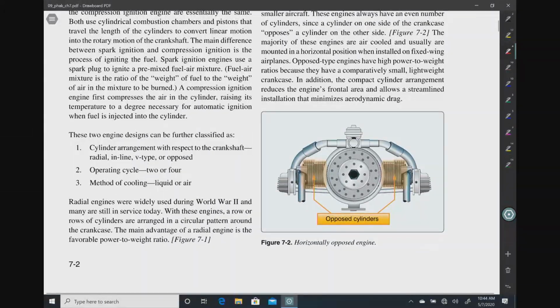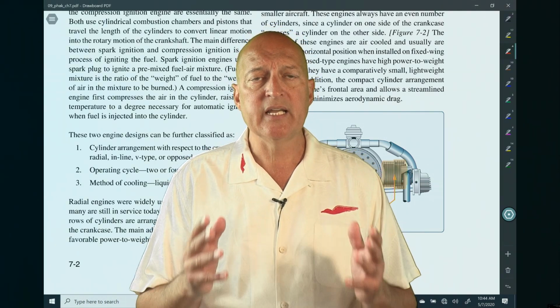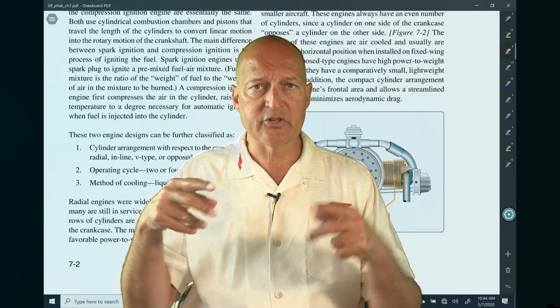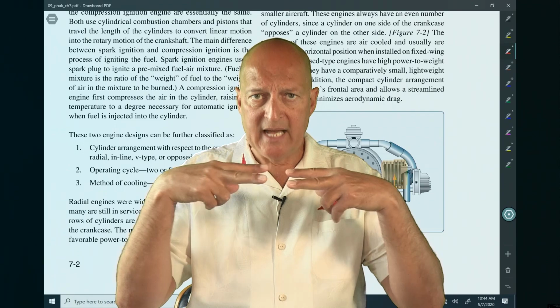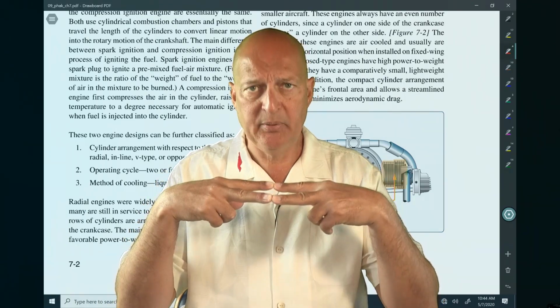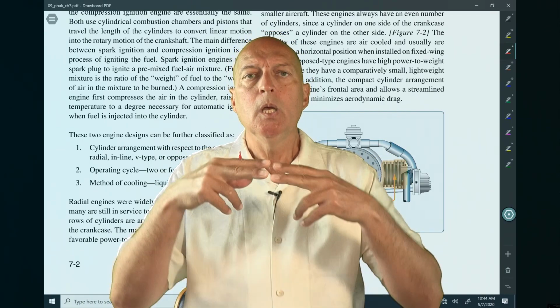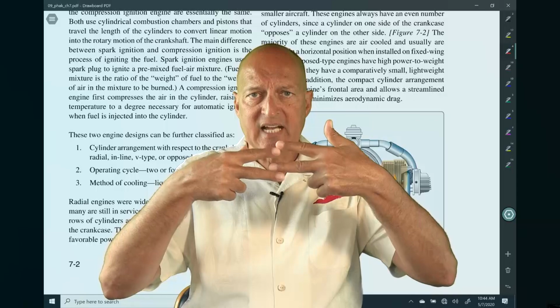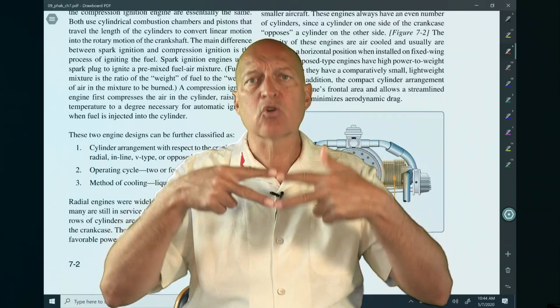Another one here is what we refer to as a horizontally opposed engine. That means that instead of a circle with these cylinders, the cylinders are actually opposite each other horizontally, ergo horizontally opposed. I know, they're a little bit offset to allow the inner workings of the engine to work beside each other, but they're pretty much across from one another.